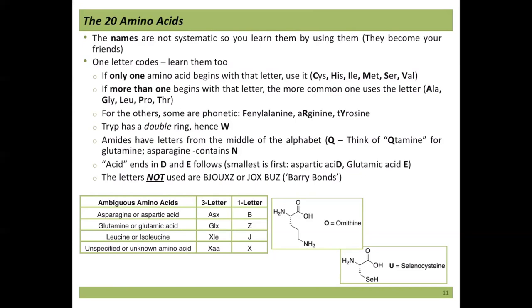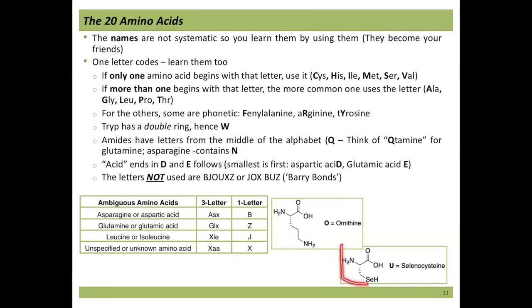And then, as I mentioned earlier, ornithine has 3 carbons here. Lysine actually has 4. So ornithine is a common biological amino acid, though not one that we find in proteins, and this is what we use to make arginine.